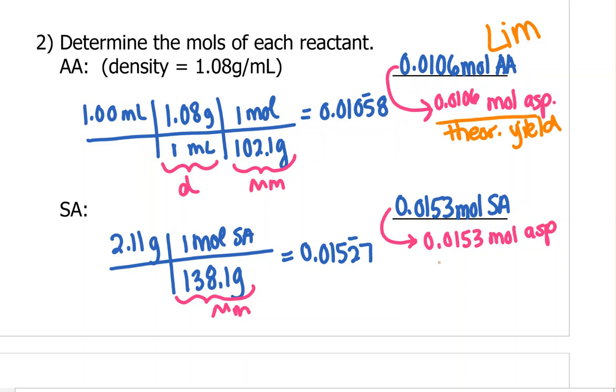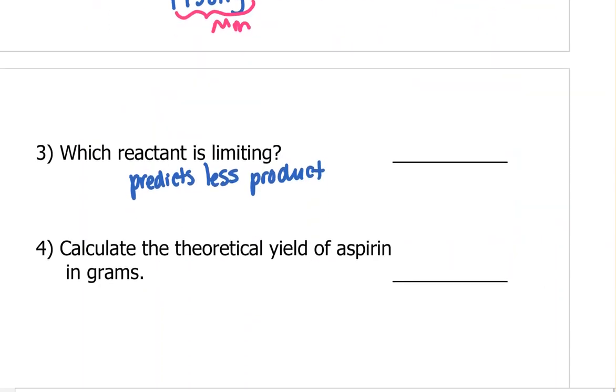And this one is the excess, or salicylic acid is the excess reagent. It predicted the higher amount of product. So we decided that it was the acetic anhydride.